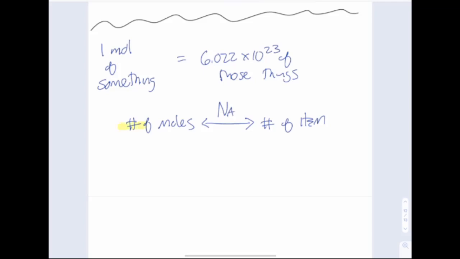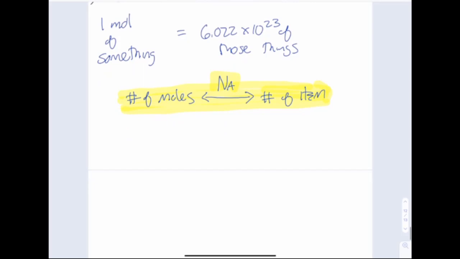If we said we have 6.4 moles of water, how many water molecules do we have? We would use Avogadro's number as our conversion factor. Anytime we're going between moles of something and the number of those things, it's always going to be Avogadro's number for that conversion.